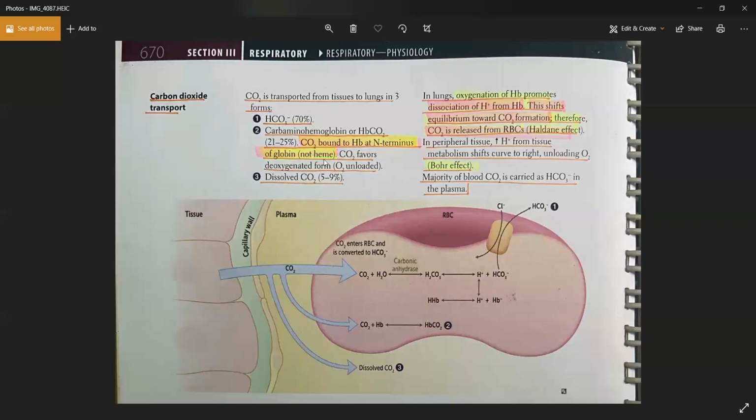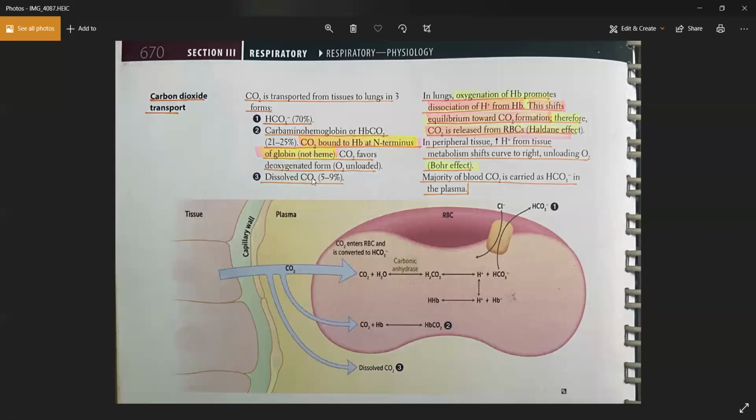So sites are different, not that of oxygen. The majority form is the bicarbonate. Second most common is the CO2 itself, which is bound with the hemoglobin, and the third will be the dissolved CO2.